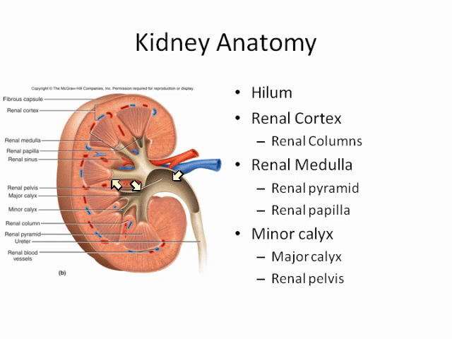The renal pelvis can be correlated to number 1, the major calyx to number 2, and the minor calyx to number 3 on this diagram.